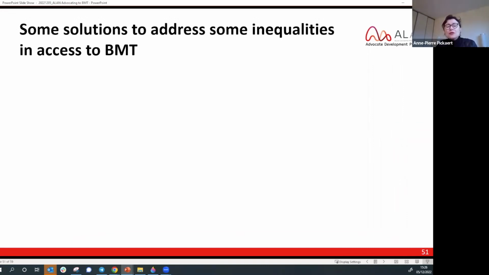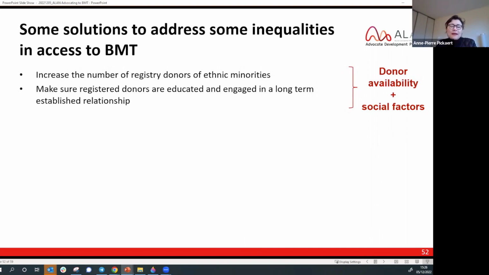And then I'm going to talk about some solutions to address some inequalities. This is not exhaustive, for the sake of time, obviously, but there's definitely a place for us patient advocates to support registries, also do donor drives, call for bone marrow donor recruitment, and especially to increase the number of registry donors from ethnic minorities, because their options are not the same as white Caucasian patients, and that's just unacceptable.